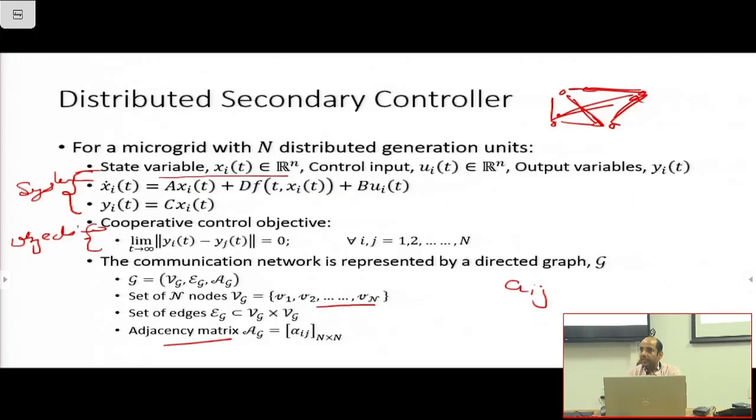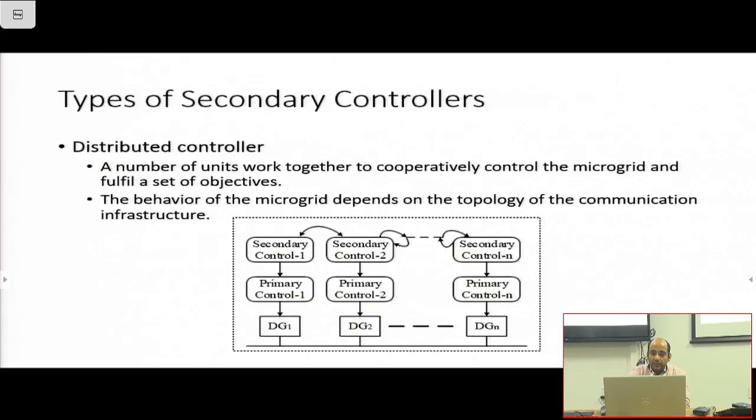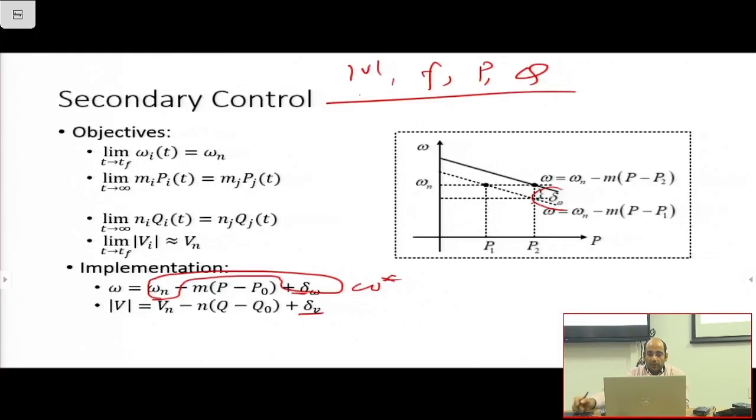Once you receive that communication, you compare with something and you create an error, and that error goes to a controller. That can be a simple PI controller, and that controller would generate your variable that we have talked about, this variable, either delta omega or omega star.